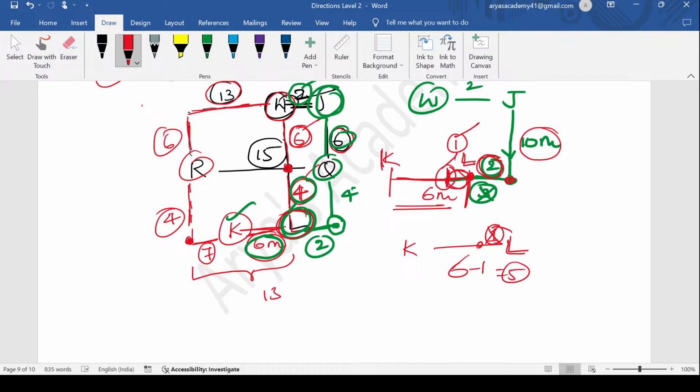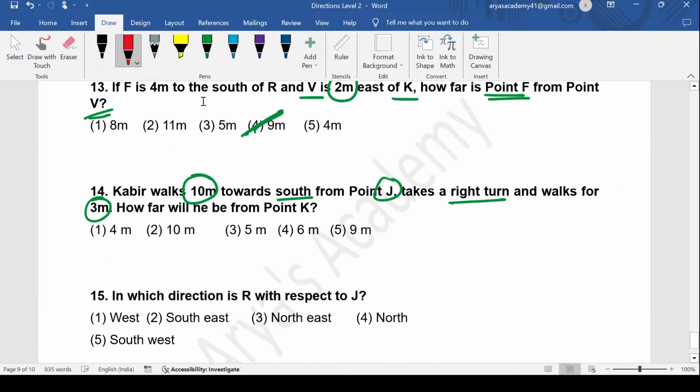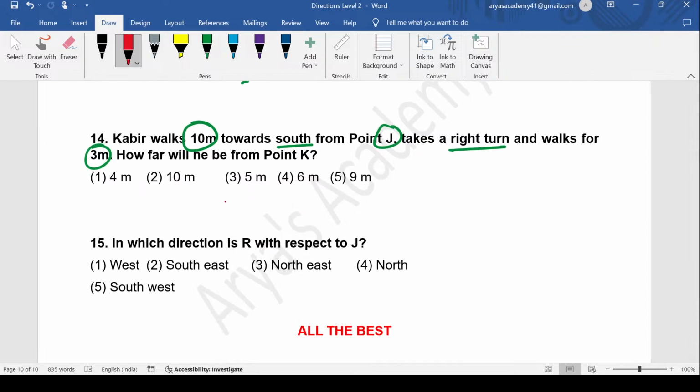So I am somewhere over here. They are asking you the distance between K and that last point where I have traveled. So the distance is 6 minus 1, which is 5. So my final end point will be at a distance of 5 meters from point K. Hope you understood. If you haven't, you have to draw the diagram properly and check back.